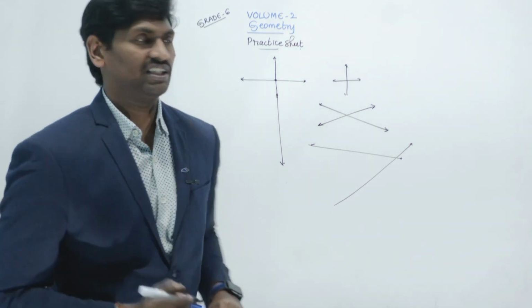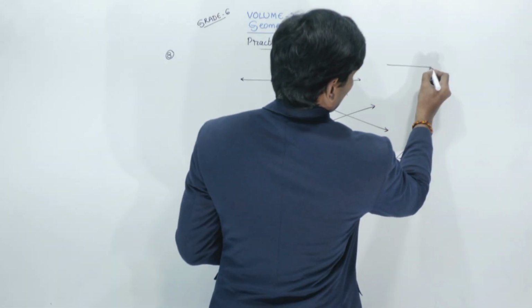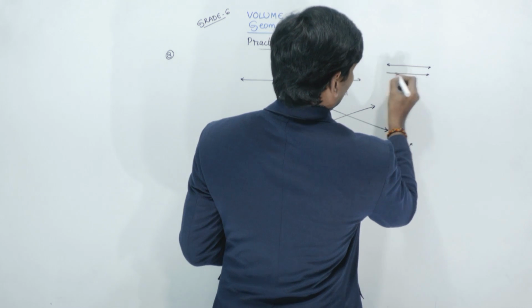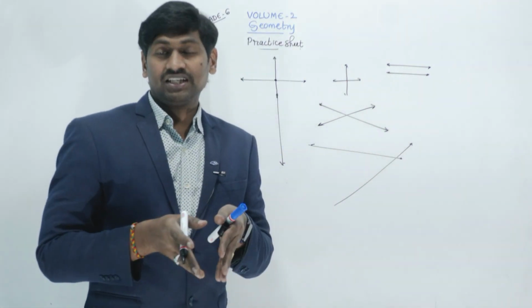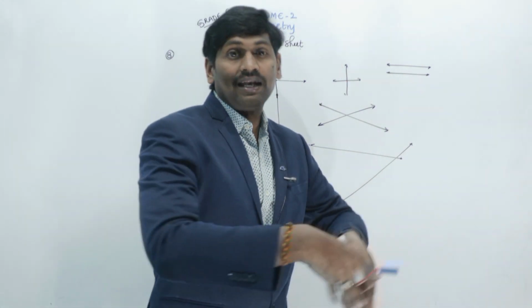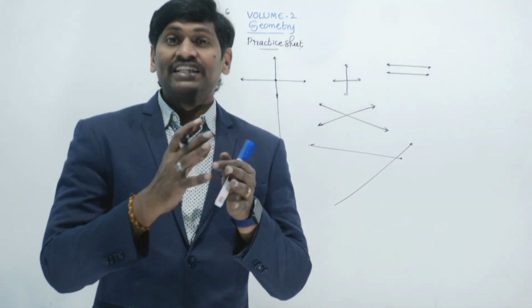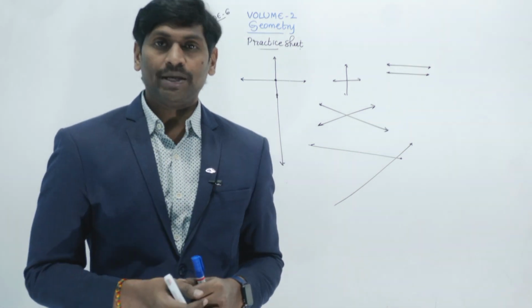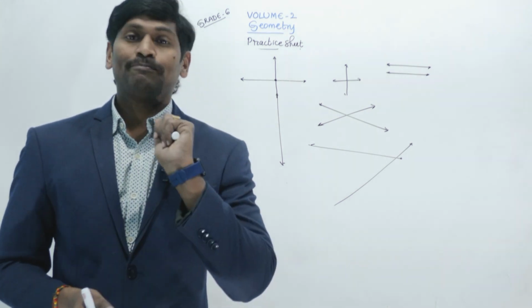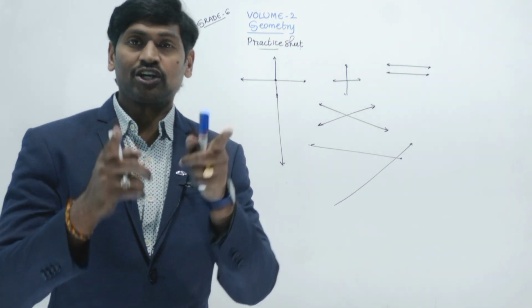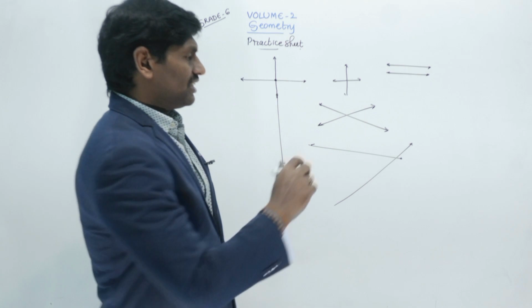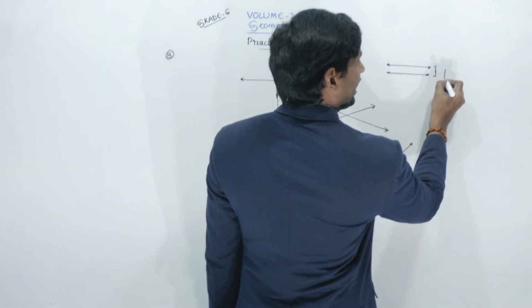One chance is intersecting, and the second chance is that they never intersect, like a railway track. Parallel lines never intersect, which means there is no common point between them. Those 2 lines are called parallel lines.